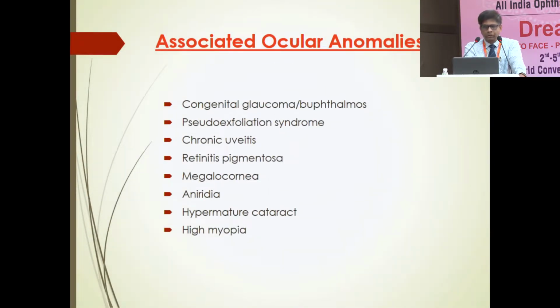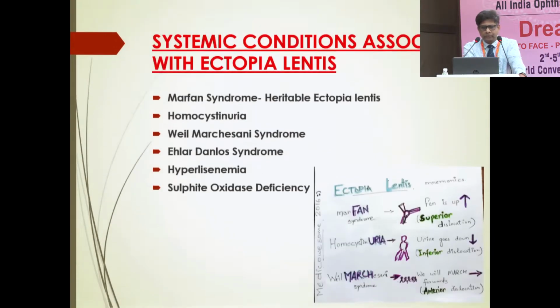The ocular conditions associated with ectopia lentis can be congenital glaucoma, retinitis pigmentosa, pseudoexfoliation, aniridia, and also high myopia and hypermature cataracts. Whereas systemic conditions associated with ectopia lentis can be Marfan syndrome, homocystinuria, Weill-Marchesani syndrome, and also Ehlers-Danlos and a few other causes.